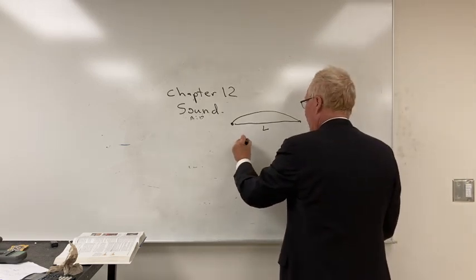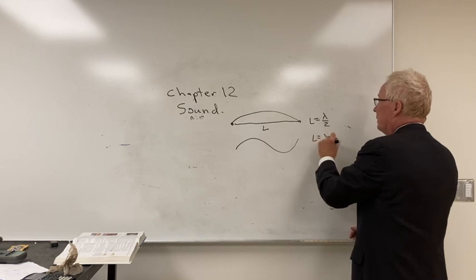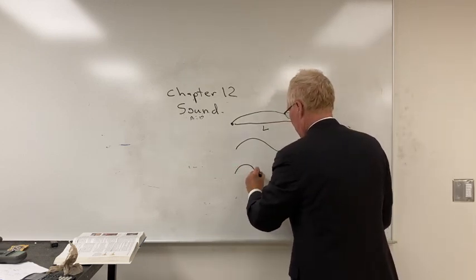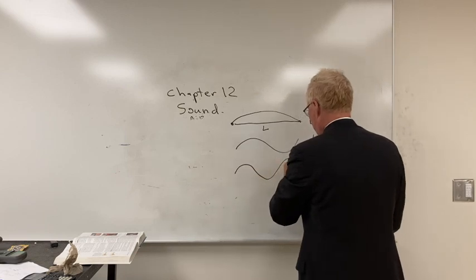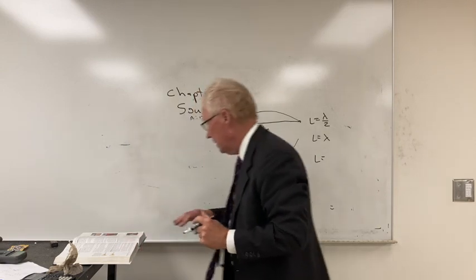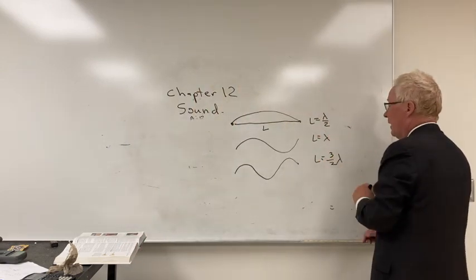If we have one full wavelength, then lambda equals L. If we have 3, then L is 3/2 lambda, and so on.